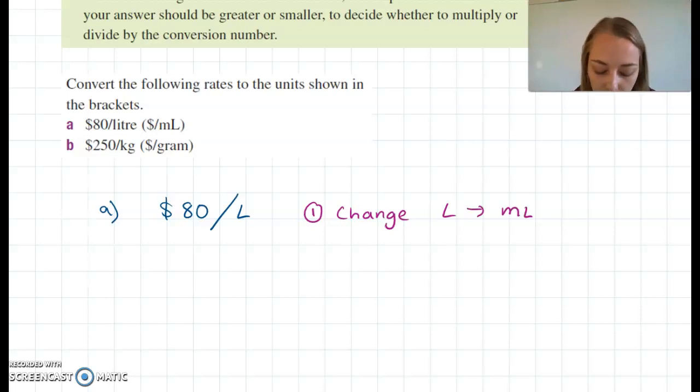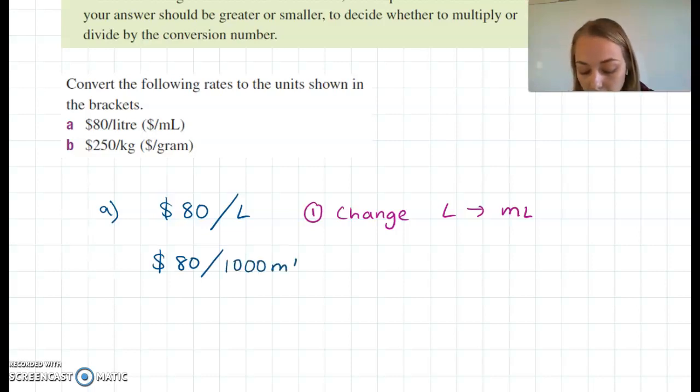I'm not doing anything on the money side. I'm only changing the right-hand unit to an equivalent measurement unit. So I've got $80, which stays the same. If it's $80 for 1 litre, then it's $80 per 1,000 milliliters. Again, I'm not dividing anything on either side. I'm just changing the right-hand unit into the unit that we want to get to.